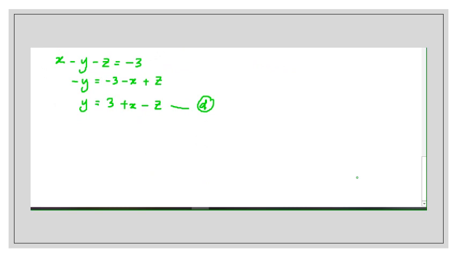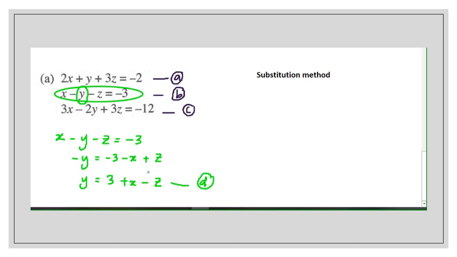Okay, this is the first mark you can get in your SPM exam. And then your next step is, when you get one variable in terms of another two variables, you use it to substitute into another two equations. What are the other two equations?